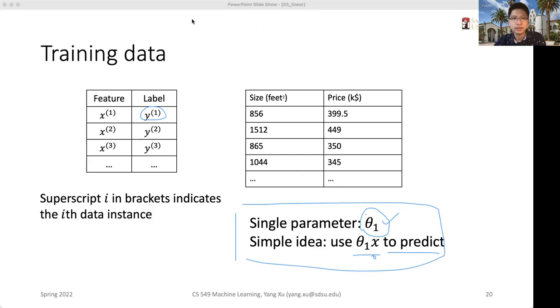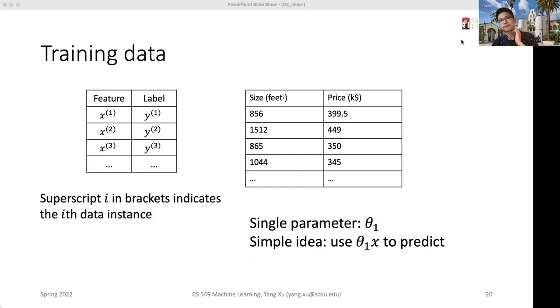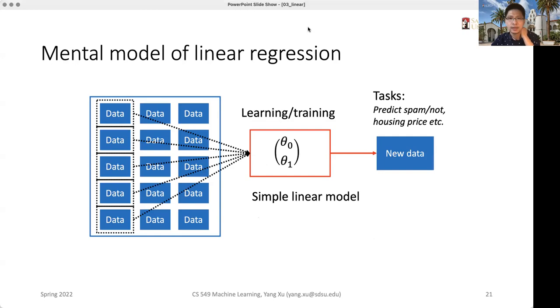But actually, on the next page we will see that the total number of parameters is not just theta 1. We will introduce another parameter, which is theta 0, because we will soon find that if we only use theta 1, our model will be a limited one, because there's no way to take into consideration the intercept.